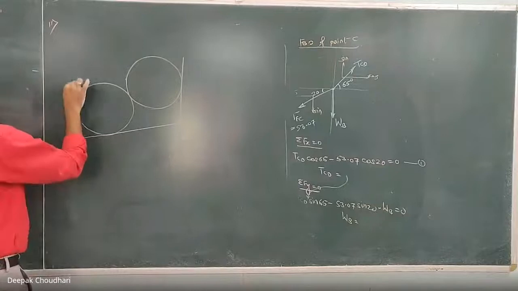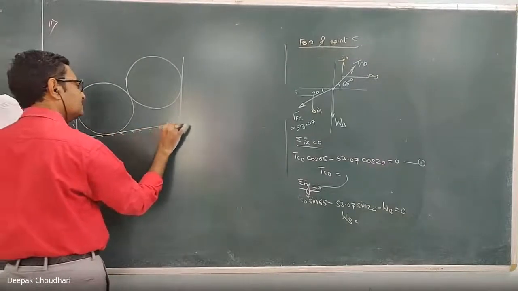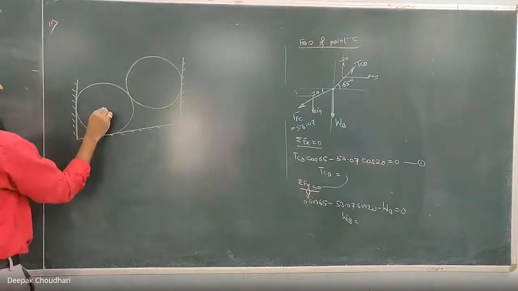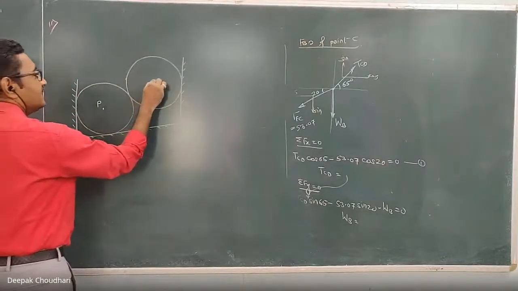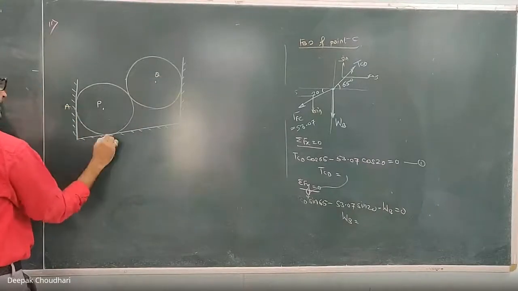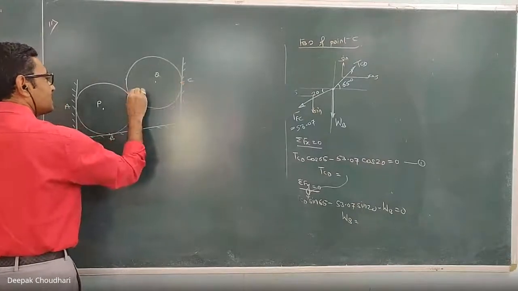Here, this is one container. Okay. Let this cylinder is P, this cylinder is Q. These are the center of that cylinder. This point is A, this is B, this is C, and let this point is D.